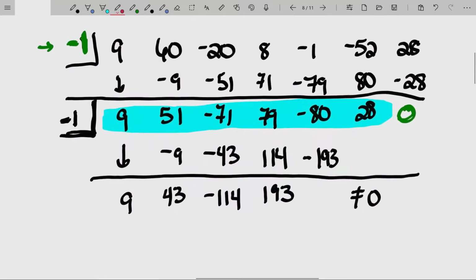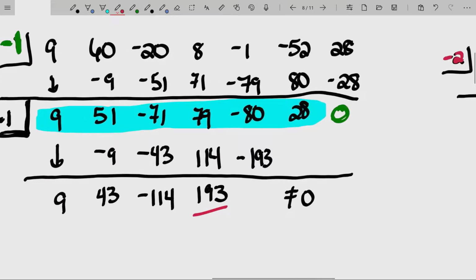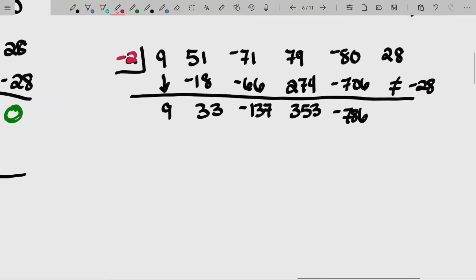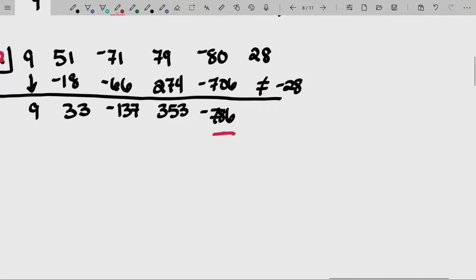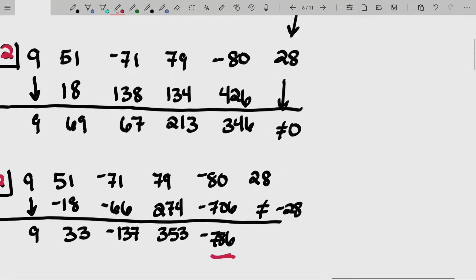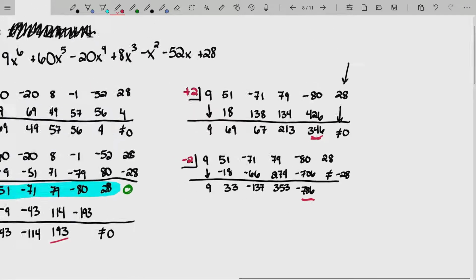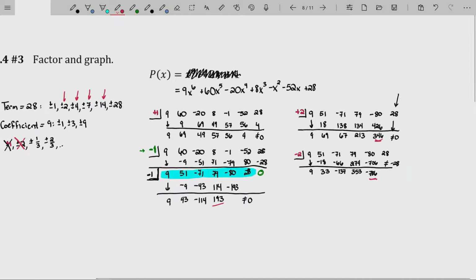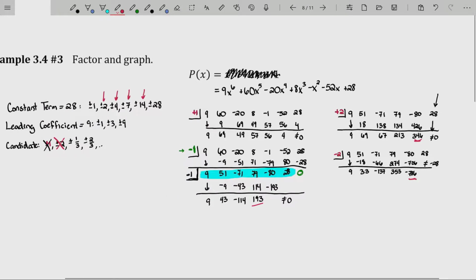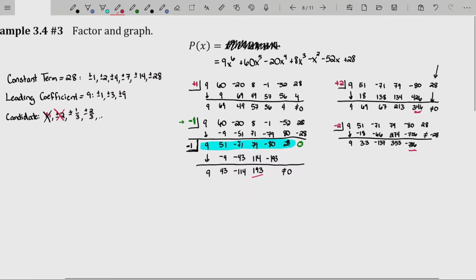I get these very large numbers like 193 and 786, and 346. So as those numbers get large, it looks as though it's not very good. So I'm going to go back to smaller numbers. The 1/3 and the 2/3 might be good choices.